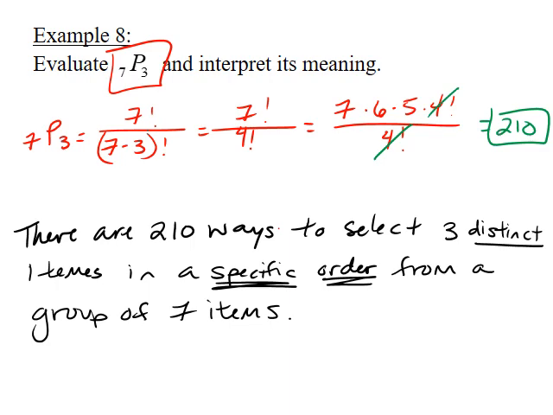This is a permutation. A permutation has distinct items chosen in a specific order.